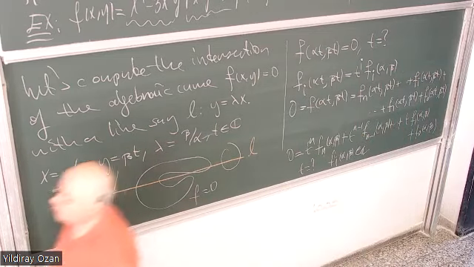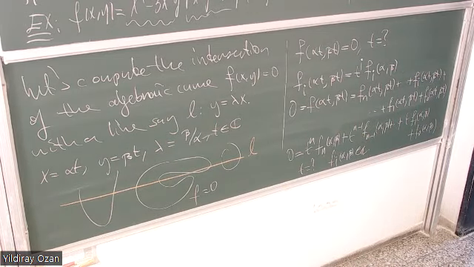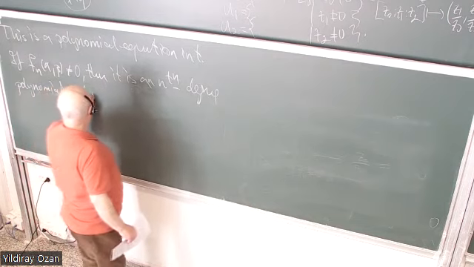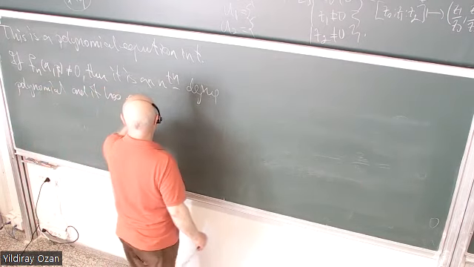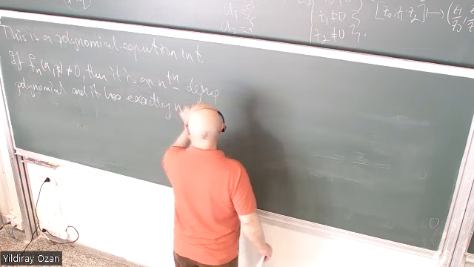If fn of alpha beta is not 0, then it's an nth degree polynomial, and it has exactly n solutions.